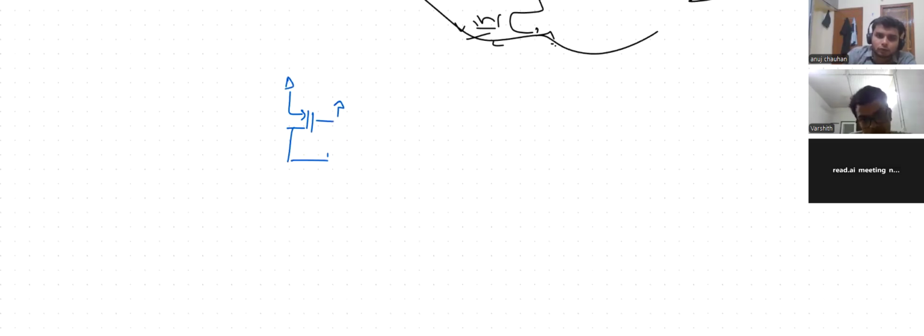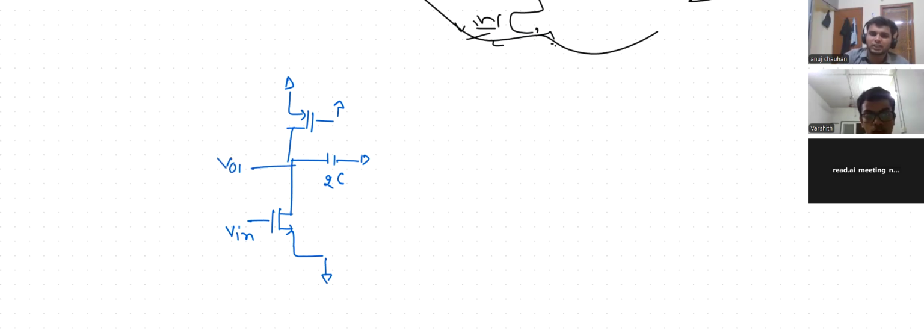There is a 2C here. V in. This is incrementally ground. And here you want to see the V out, R1. We are not seeing that this offers some R load parallel to this 2C.